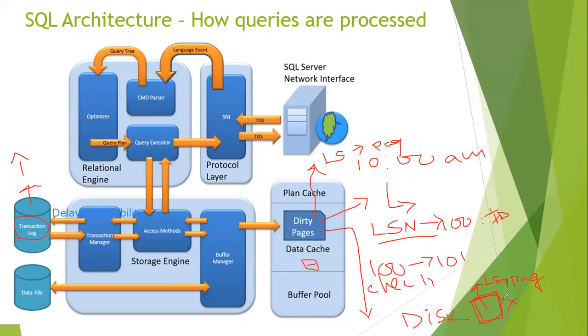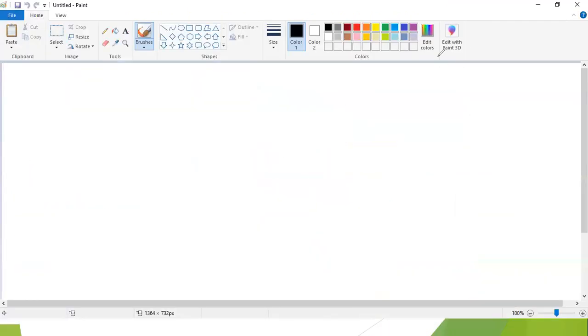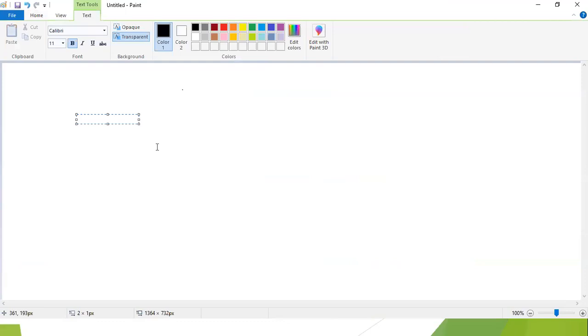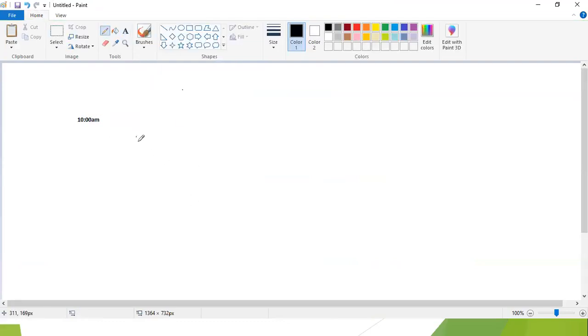So if it is a rollback, let's say the transaction starts at 10 a.m. and has to roll back, the page is already available in the data file because of the checkpoint, even though the transaction is not committed.